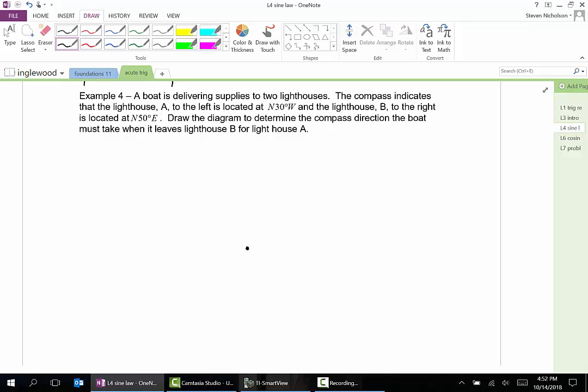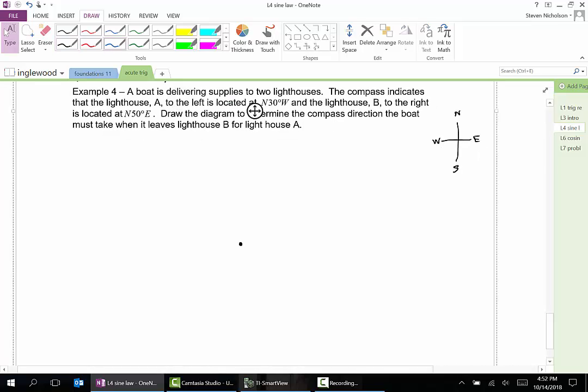The lighthouse to the left is located north 30 degrees west of the boat. So first of all, we need our little compass setting: north, west, east, south. And the way you do this is you always draw a little compass setting.